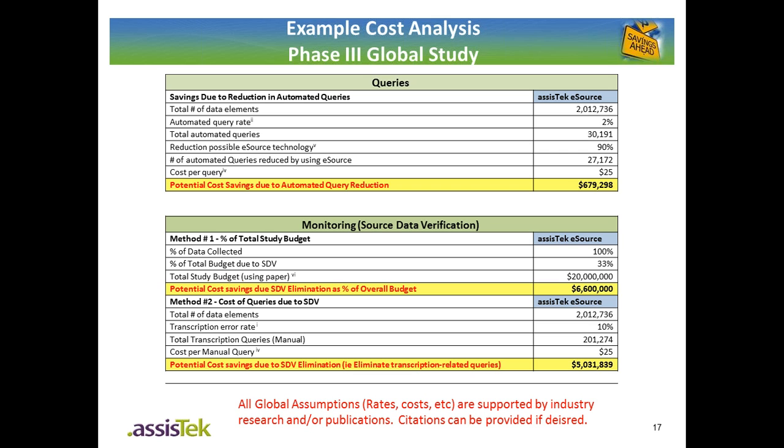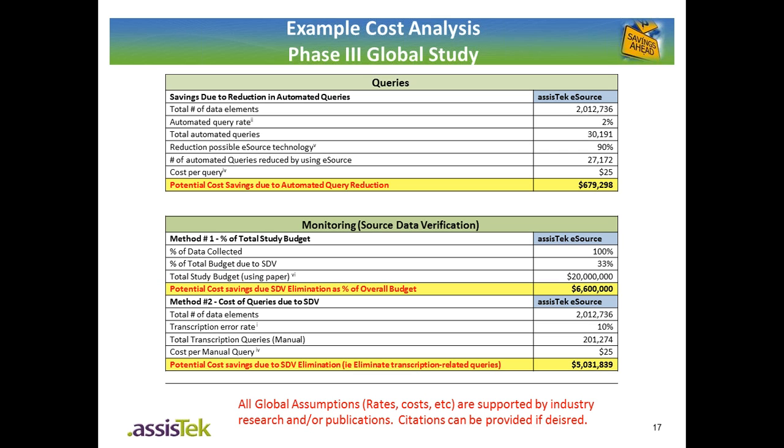But using the method of 33% of your budget being attributed to monitoring and source data verification, if your budget is about $20 million, you're looking at $6.6 million that you're basically paying to whoever is doing this SDV for you.